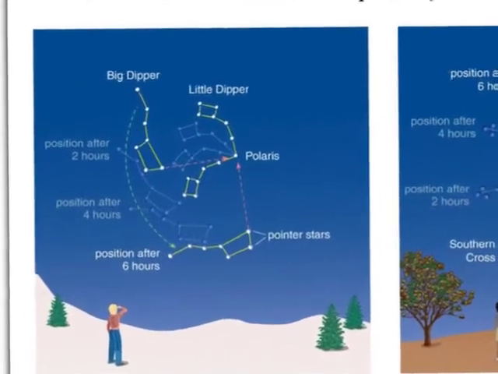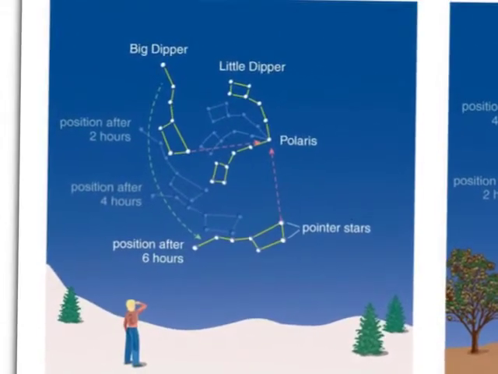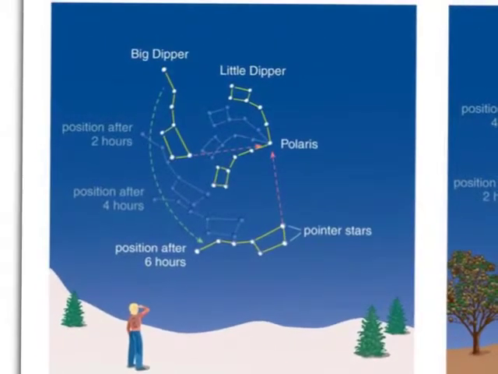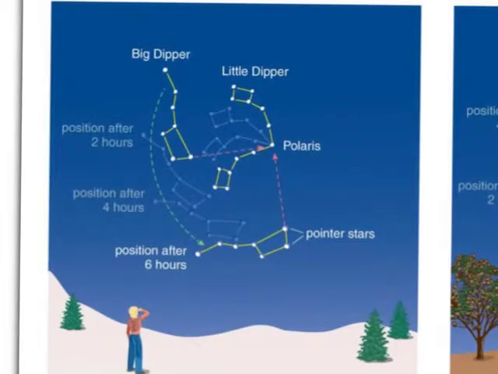This one is how the stars appear to move in the northern hemisphere. In the northern hemisphere, we would look north to see our pole star. And of course, Polaris is the name of a star. It's in the constellation Ursa Minor, the Little Bear, and it's part of the asterism the Little Dipper.